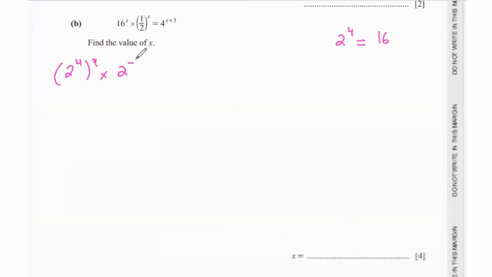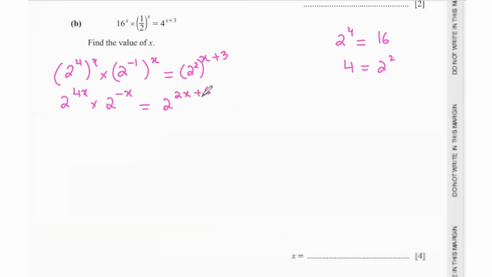So that makes us (2 to the power of -1) whole power x equals 4 to the power of x plus 3. Now we can rewrite this 4 as 2 squared. So that's 2 to the power of 4x times 2 to the power of -x equals 2 to the power of 2x plus 6.